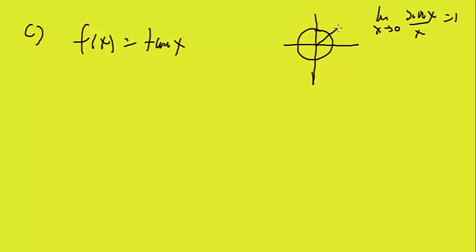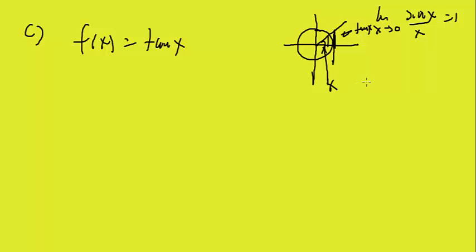I created two triangles. One was there and one was here. And I asked you if this angle here was x, what's this side? I took liberty and just told you that was tan of x.